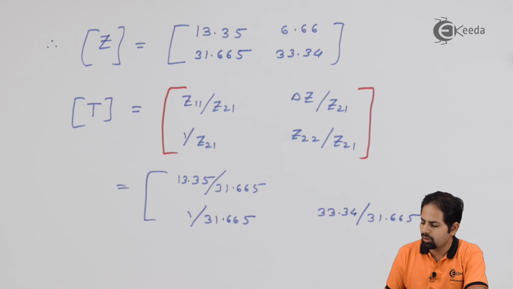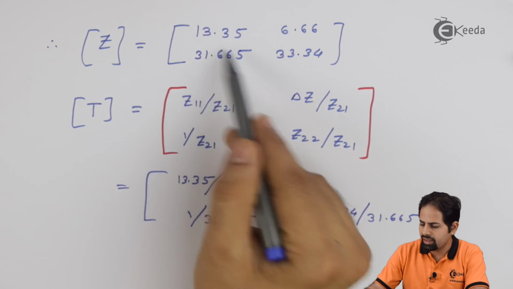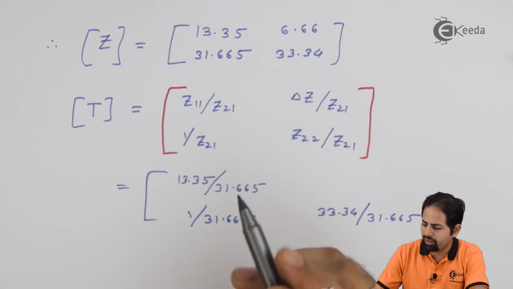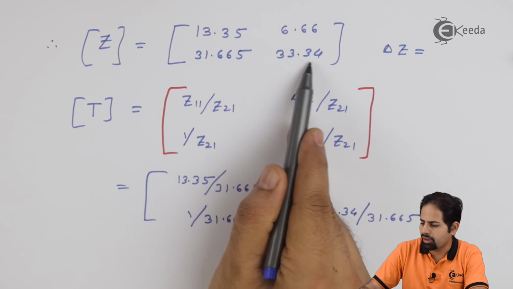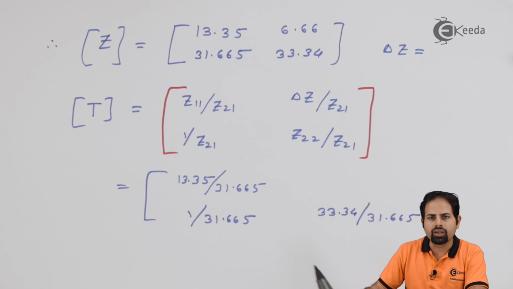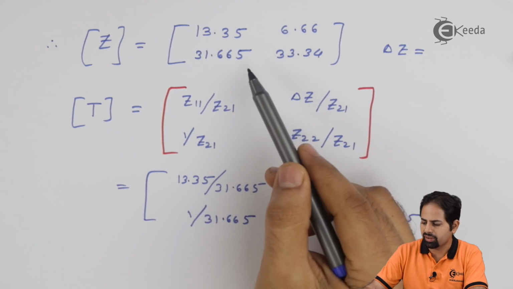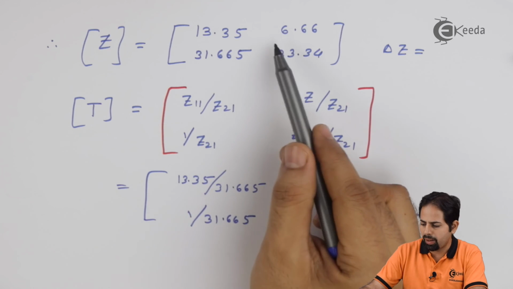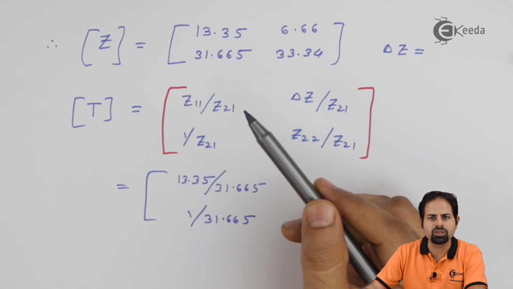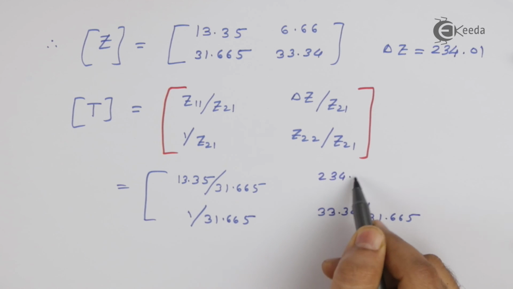Now for this parameter we need delta Z, and delta Z is determinant of this. So we can calculate that delta Z, which can be very easily calculated from this Z matrix: multiplication of these two terms minus multiplication of these two terms. So delta Z is 234.01.